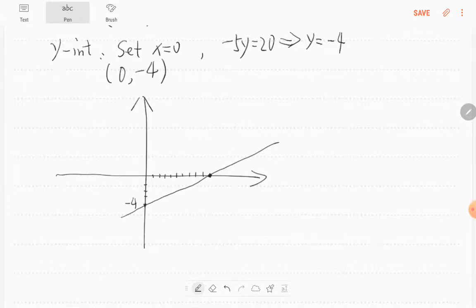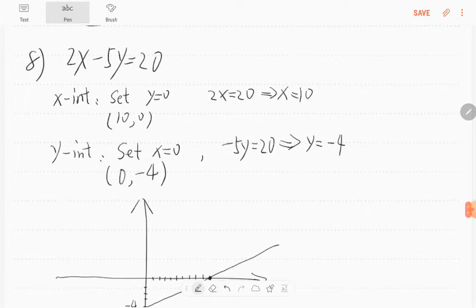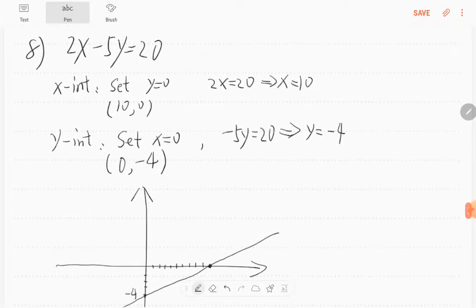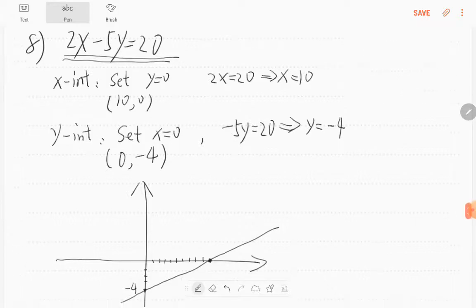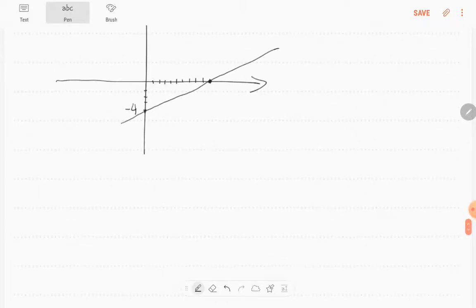Okay. So what about the slope? If you convert the standard form into the slope-intercept form, that would be okay. You can find the coefficient of x, which is the slope directly. So now let's solve for y. 2x minus 5y equals 20.